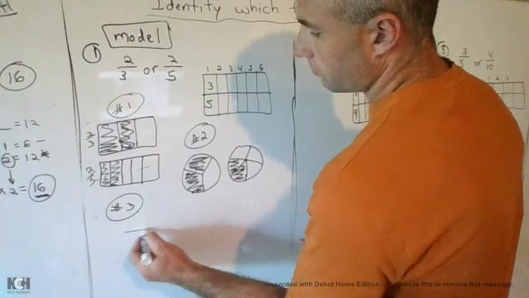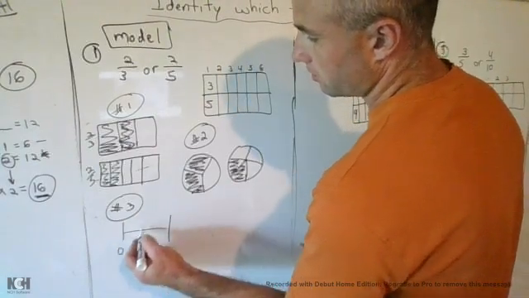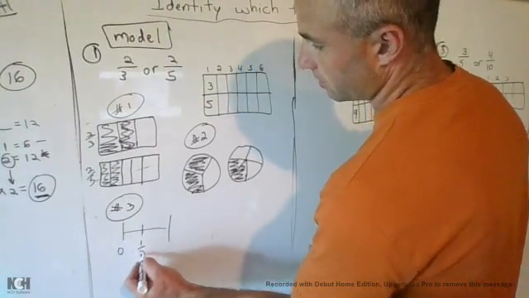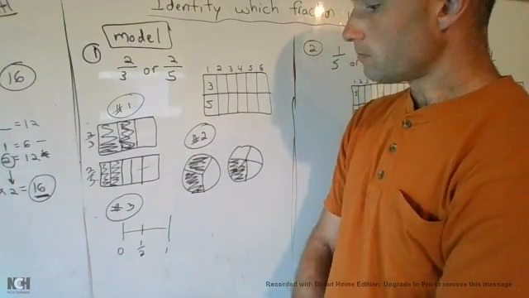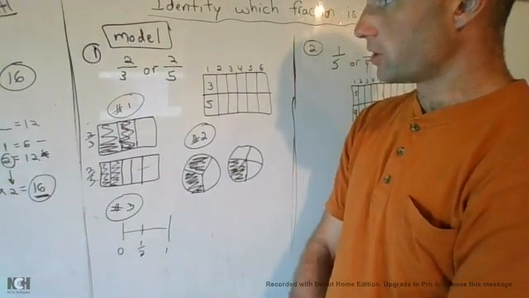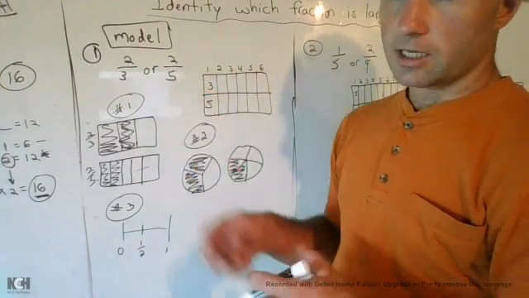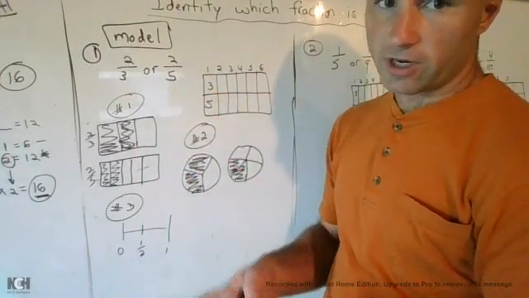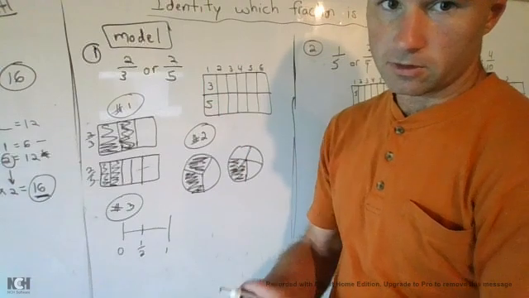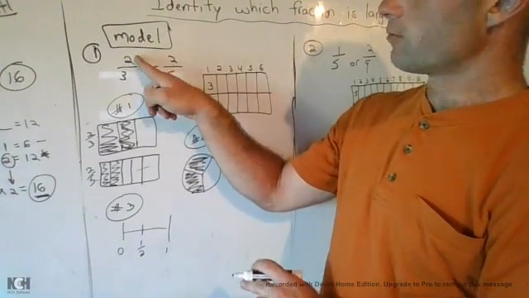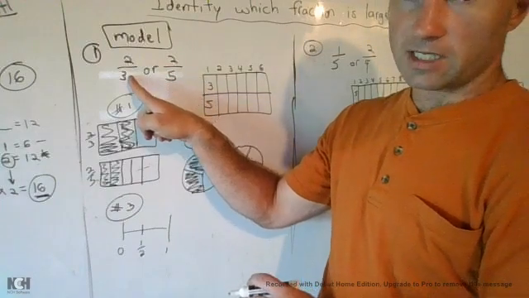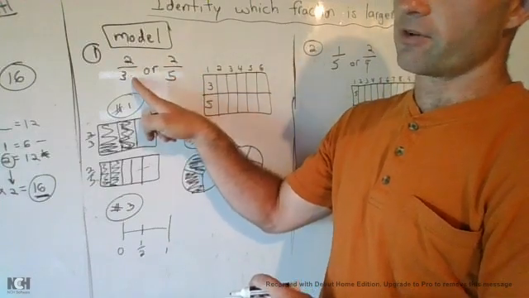I would have 0, a half, and a whole. Now I'm going to ask myself a question. Is one of these fractions more than a half? How do I figure that out? Is the numerator more than half of the denominator?